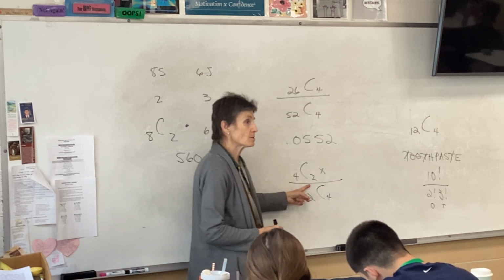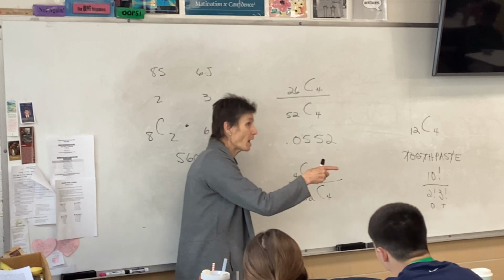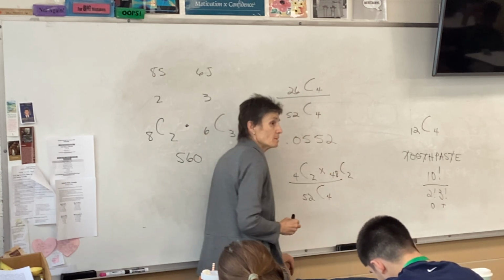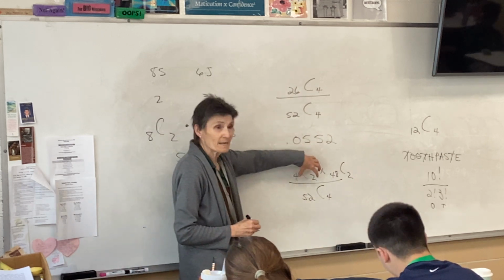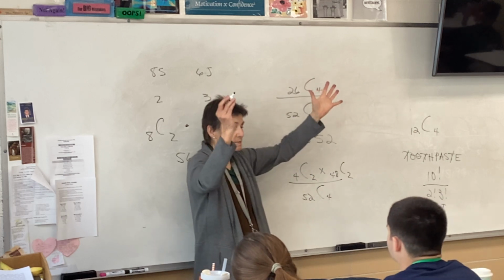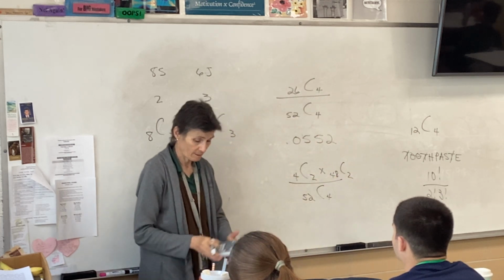And what kind of cards are those other 2 going to be? They're going to be something not queen, right? And there's 48 of those. So my deck is 4 queens and 48 other things. I need 2 queens and 2 other things.